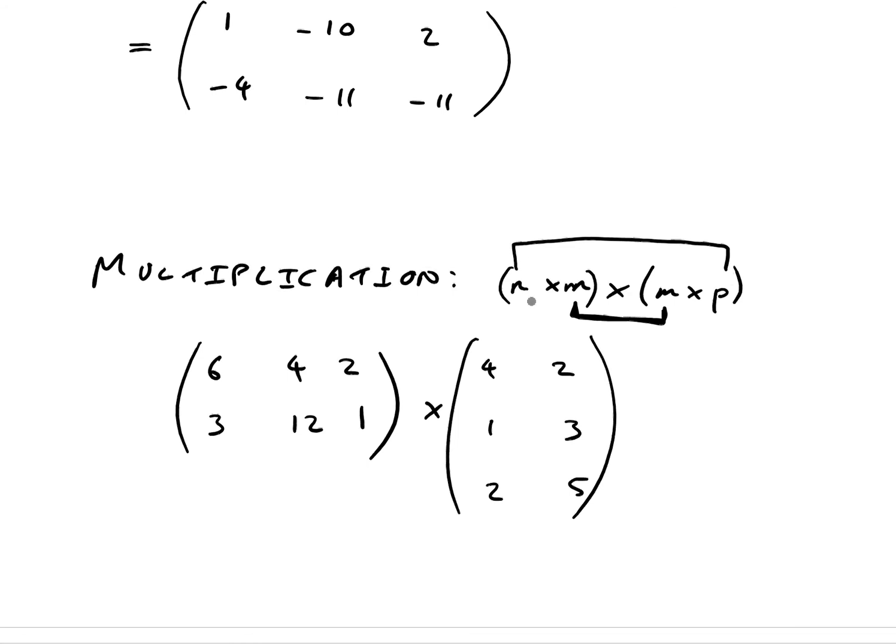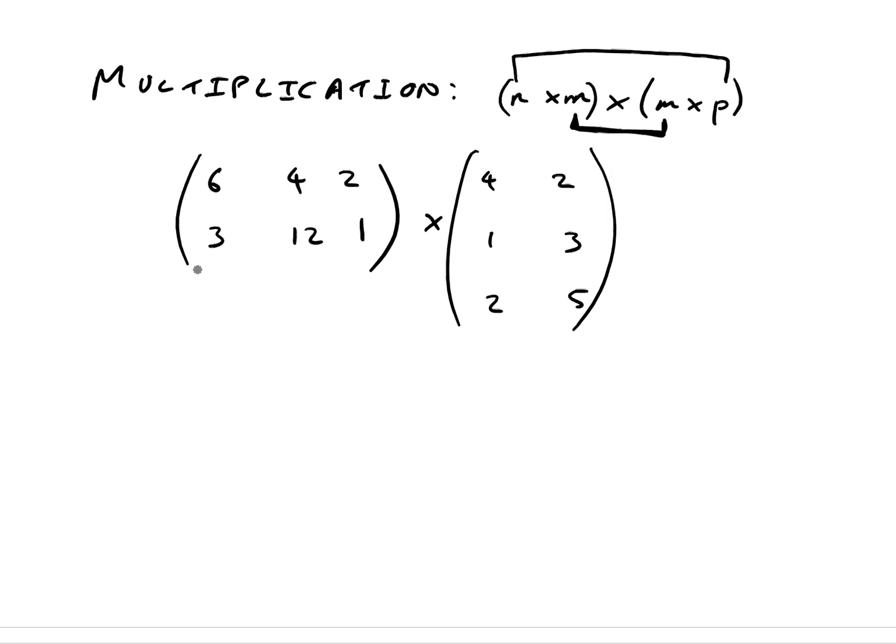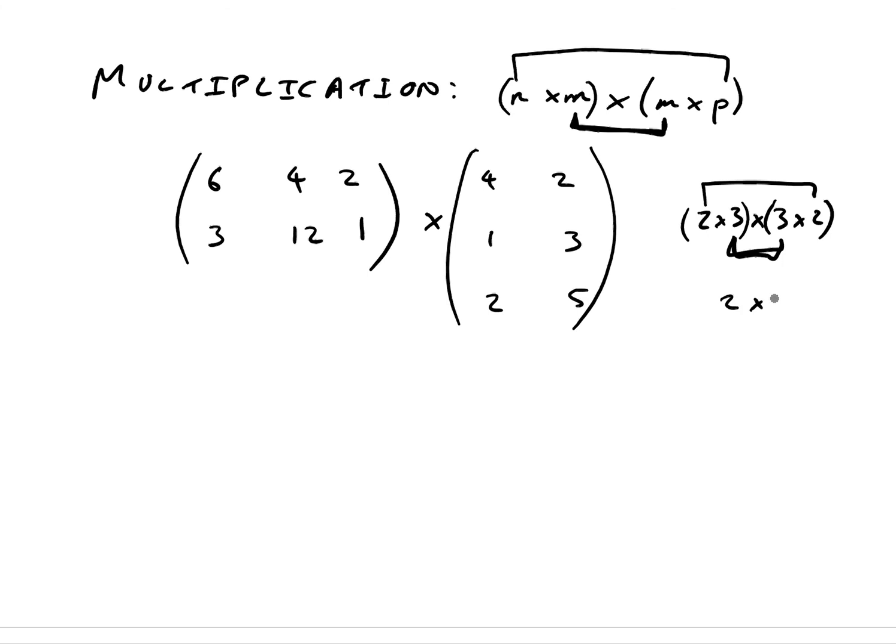So here, it will be an n by p matrix. So we've got here a 2 by 3 matrix, and we want to multiply that by a 3 by 2 matrix. So we can multiply it together because the inner two numbers match, and the resulting matrix will be a 2 by 2 matrix. Okay, so let's test that out.